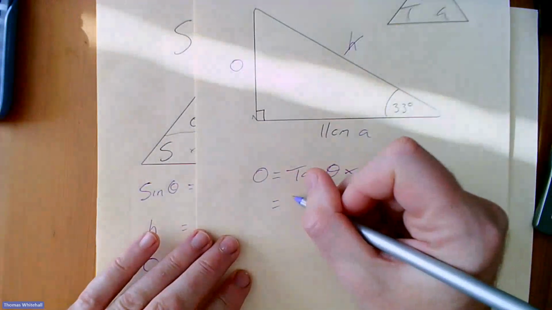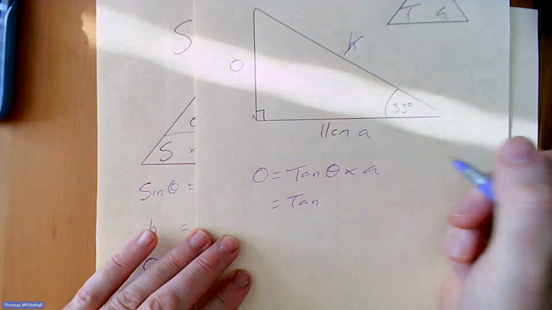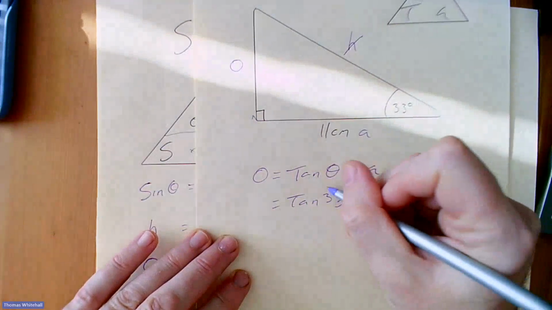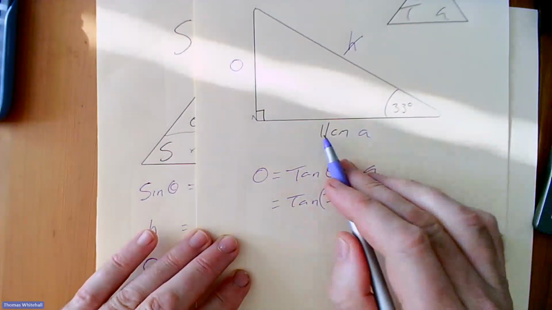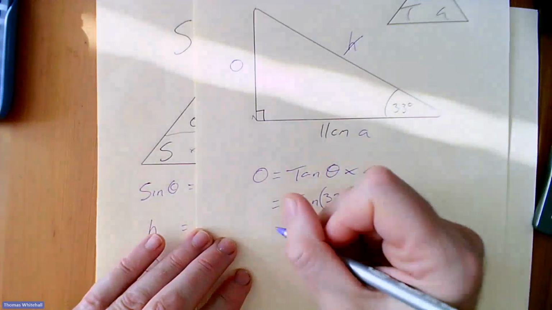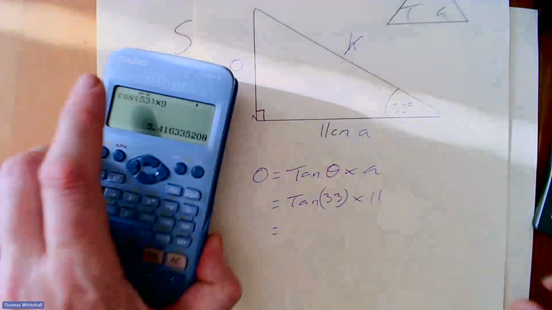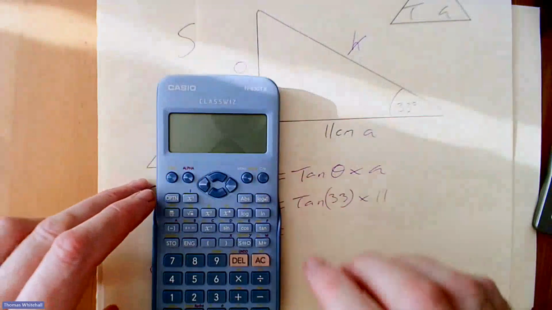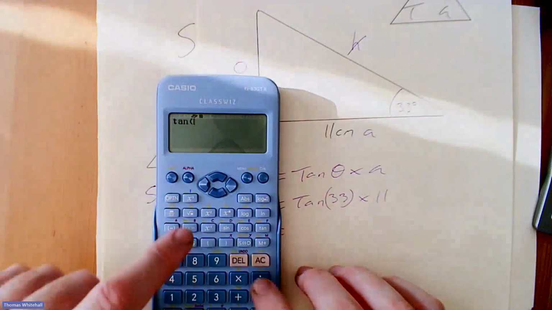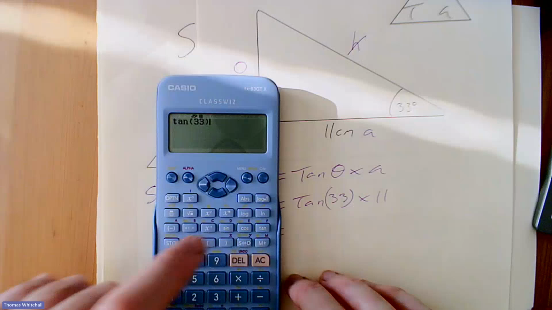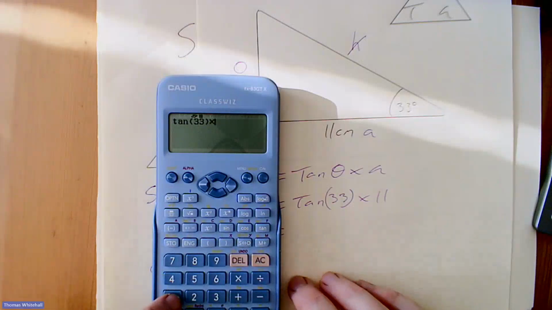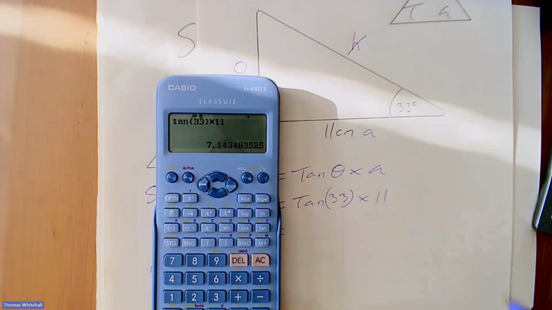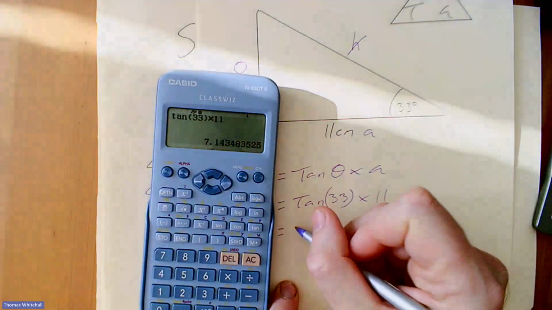So we will then have tan 33, and this time it's going to be multiplied by 11. So clear that one off. We're now doing tan 33, close the brackets, times 11. And that will give us 7.14 to 2 decimal places again.